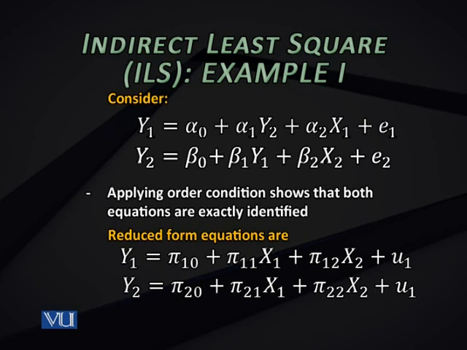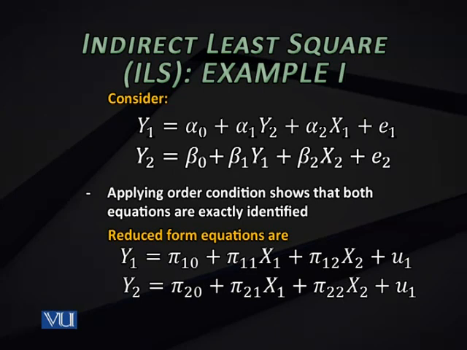So remember that we have only exogenous variables on the right hand side of an exactly identified reduced form equation. So in Y1 and Y2, we have the variables X1 and X2. Also remember, we have both the variables of the model. For example, X2 was not present in the first original equation Y1, but now in the reduced form, you will find both X1 and X2.